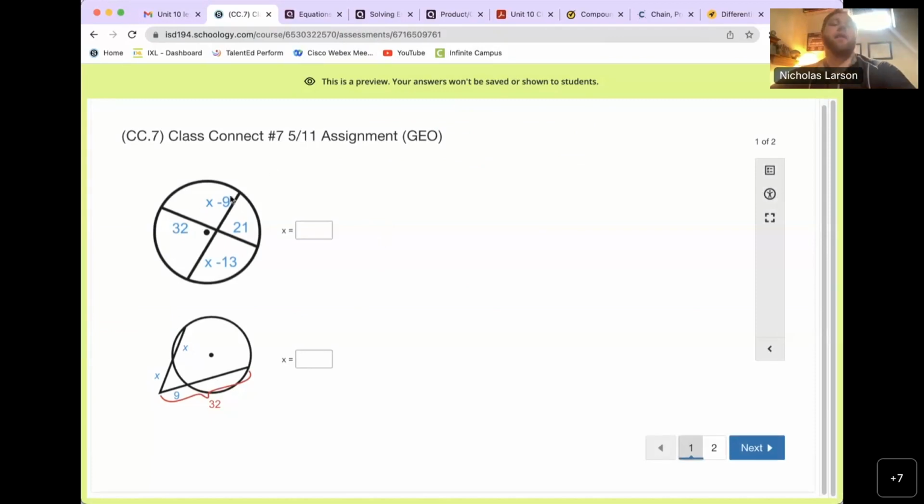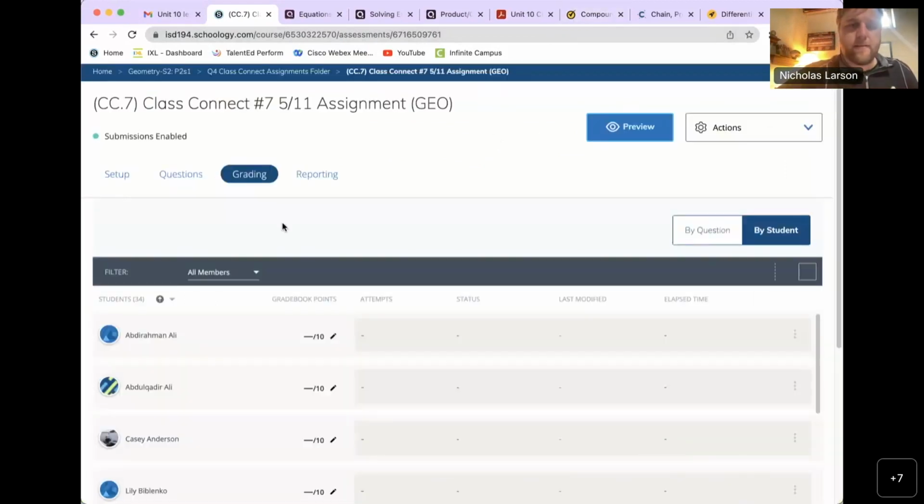How do we go about solving these problems? We need to multiply my two segments together. So I'm going to switch over to my notebook.